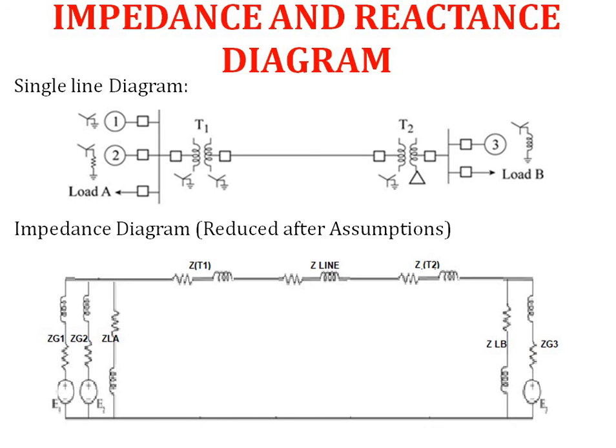The impedance diagram will be represented for generator 1 as ZG1, then generator 2 as ZG2, then load side ZLA, then transformer side ZT1, then transmission line Z line, then transformer 2 Z2, then generator 3 Z3, and load side ZLB.